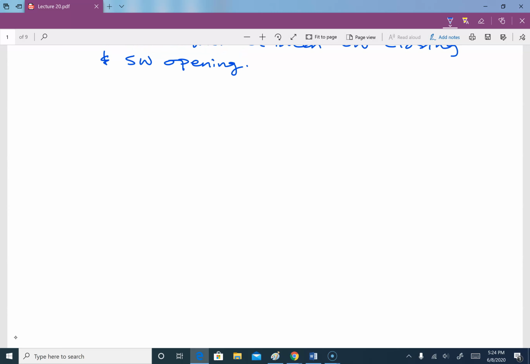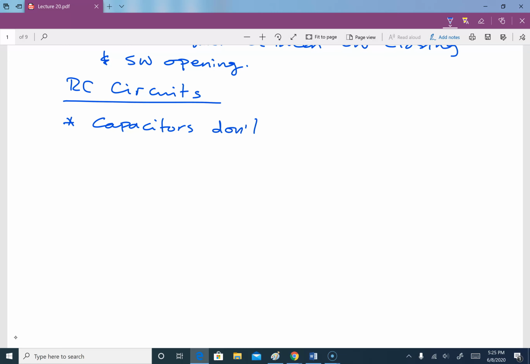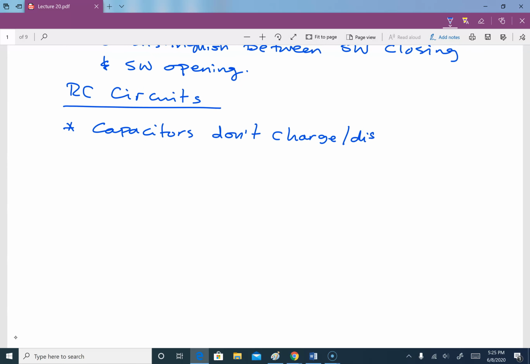So, RC circuits. The first thing that we should know is that capacitors do not charge or discharge instantaneously.